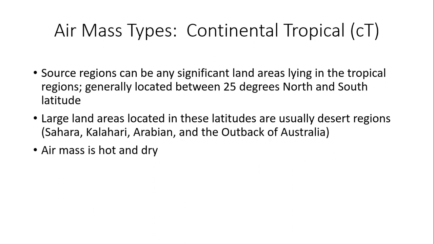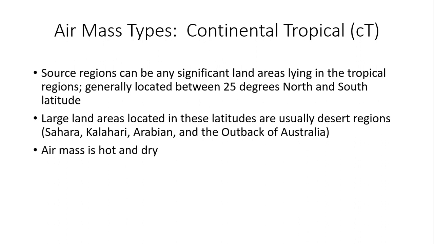For continental tropical air mass type, CT, the source regions can be any significant land areas lying in the tropical regions, generally located between 25 degrees north and south latitude. So we're talking very hot land surfaces in the tropical areas of Earth. That's where you'd find continental tropical air. Continental tropical being hot and dry.